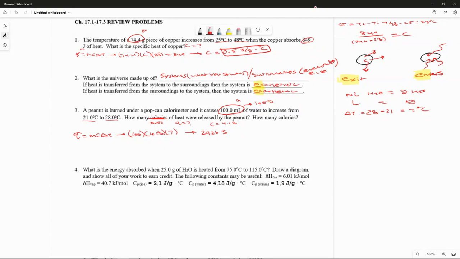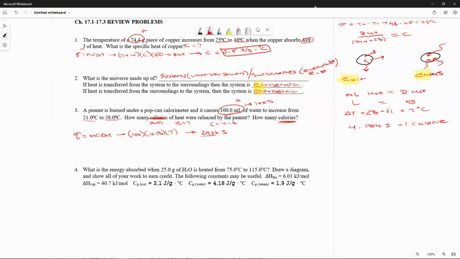So now we know that the energy generated was this much in joules. You can't create energy. Now we've got to calculate in calories. The conversion factor is that 4.184 joules is 1 calorie. This will be given on your test.